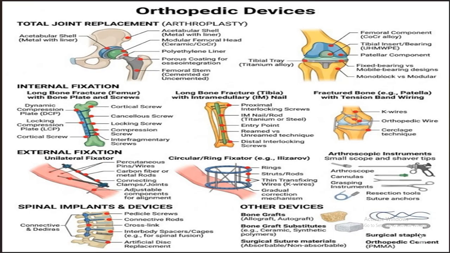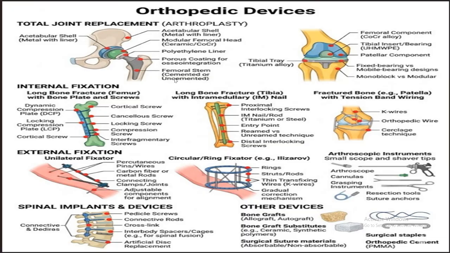So first, in orthopedic surgery, we have replacements. Mostly we will code hip replacement as well as knee replacements. If you want to code total hip joint replacement, we have two components. First one is the acetabular shell, which is metal with a liner.